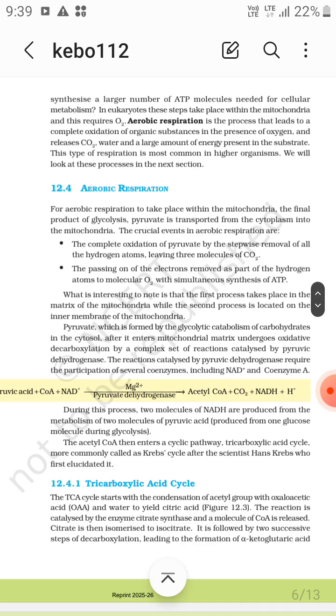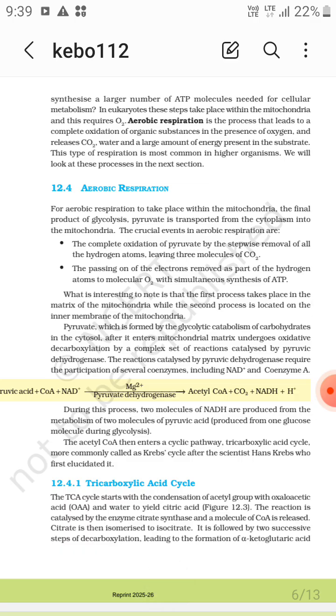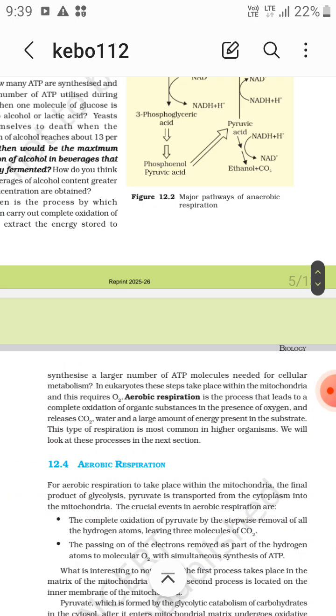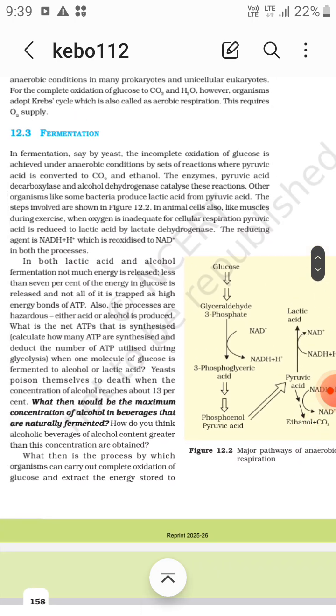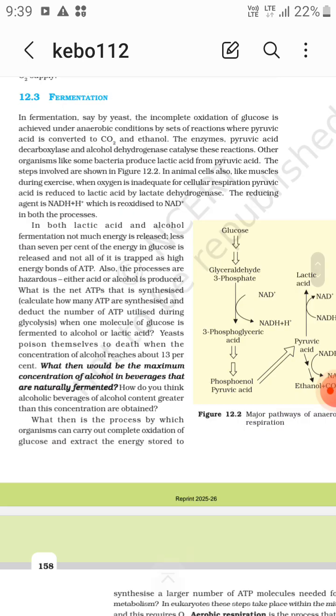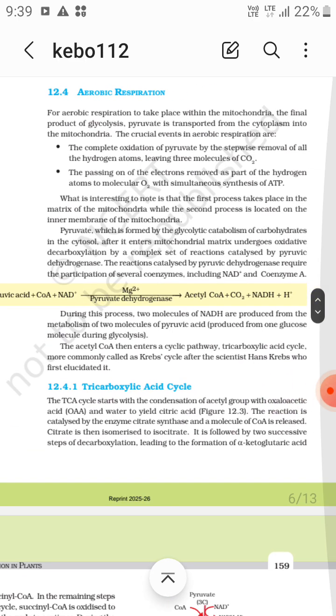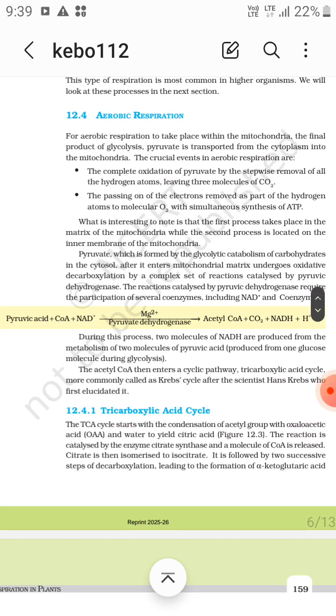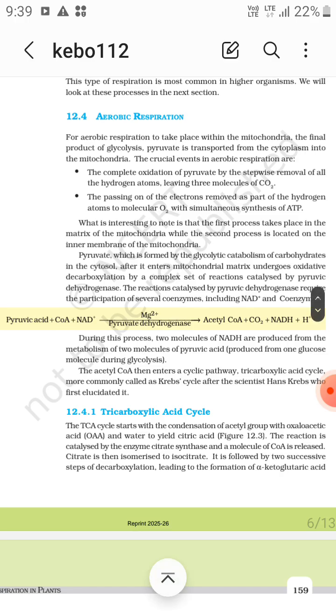You see, we studied the lactate dehydrogenase, the alcohol dehydrogenase, and the pyruvic decarboxylase. In here it is a pyruvate dehydrogenase. So lactate dehydrogenase is different, pyruvate dehydrogenase is different.